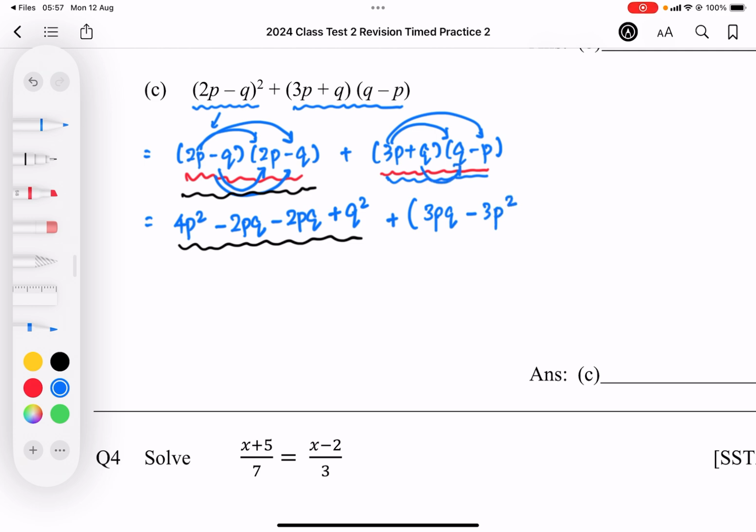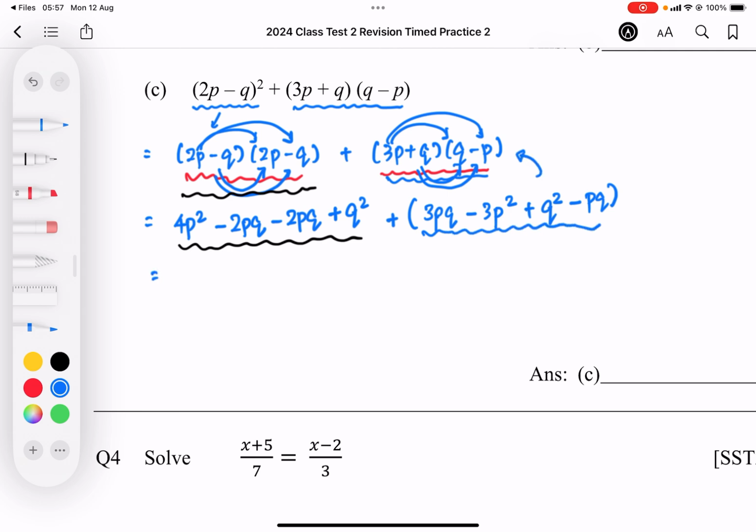And positive q times positive q gives positive q squared. And the next one is positive q times negative p, which will give negative pq. So what we have here is solely from this part here.